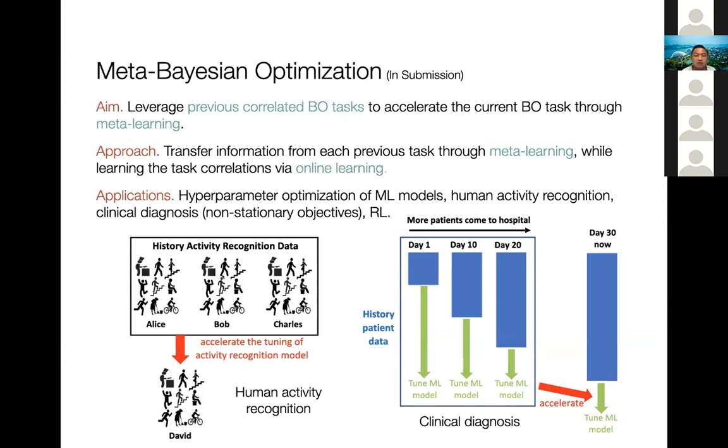Some examples: in human activity recognition, we're trying to train a model, and we can make use of pre-trained models from other individuals to very quickly bootstrap the model for another individual. Another aspect would be clinical diagnosis. We can imagine that there will be new data coming in every week, and the hope is that we don't have to re-explore what would be a better deep learning architecture when I have more data.